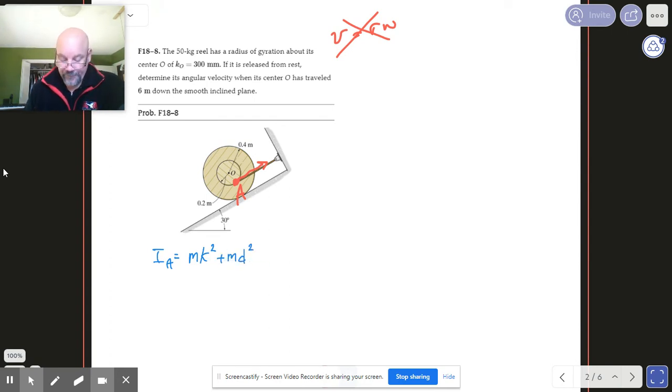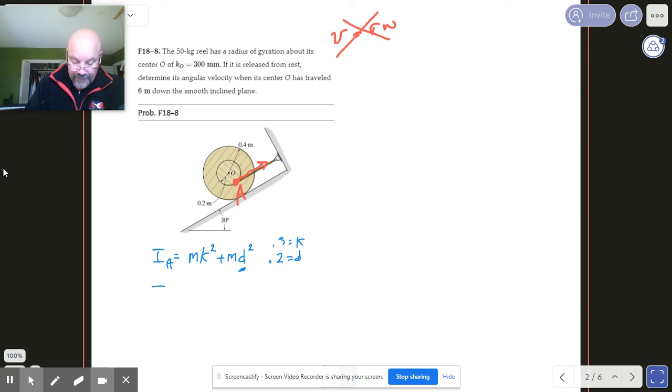So be careful there. D is actually 0.2, and the radius of gyration, of course, is 0.3. They tell us that. So read it pretty carefully. Don't take it for granted.